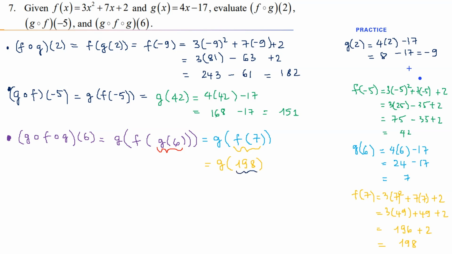So g of that will be equal to 4 times 198, right, minus 17.